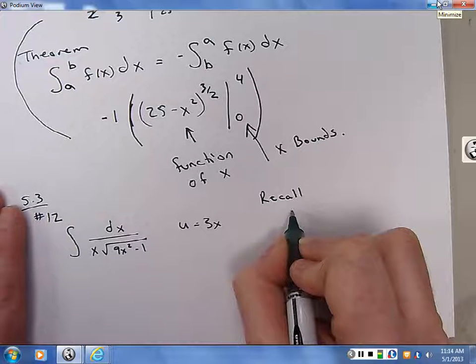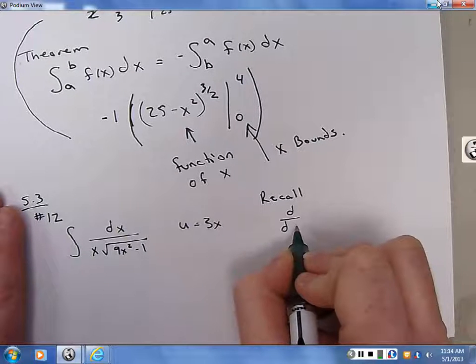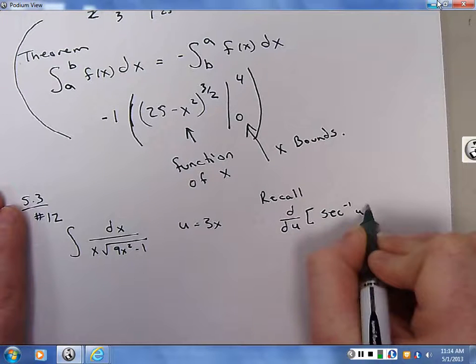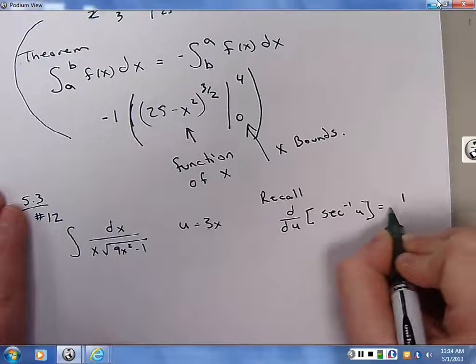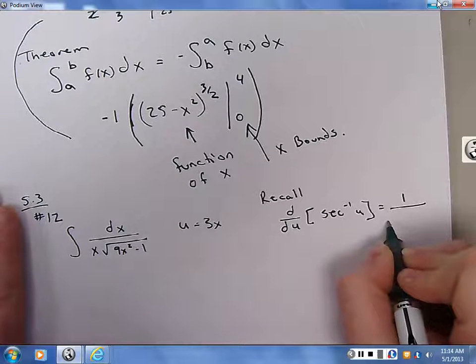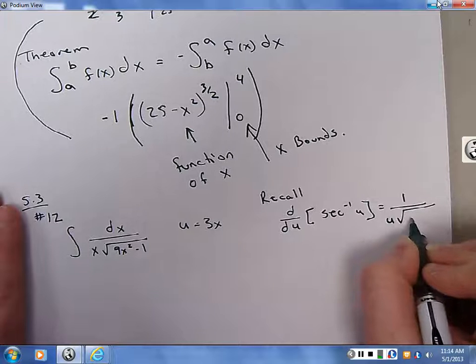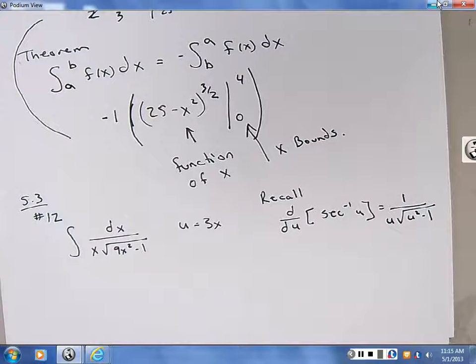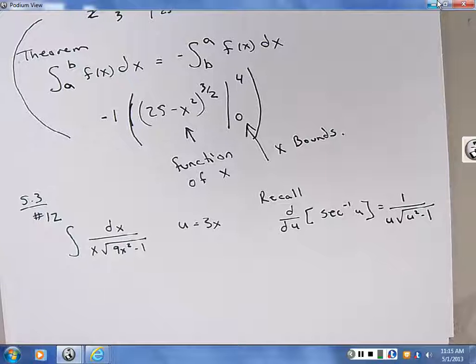Recall that the derivative with respect to u of secant inverse of u is 1 over u times the square root of u squared minus 1. These are in 3.3.